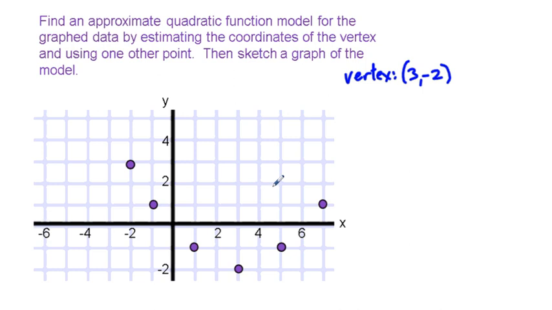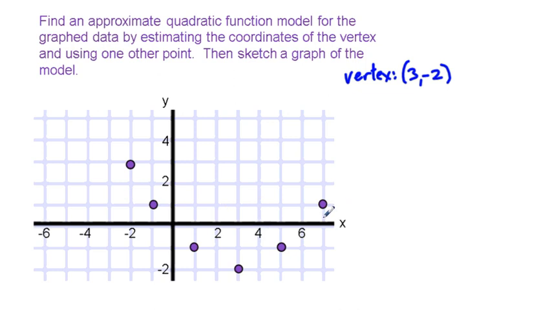And then one other point. Well, we have a lot of other possibilities. And on this and one other type of problem where you're going to be looking at points, I'm going to be very liberal in terms of what I esteem to be a correct answer. If the function pretty well matches the points, that's going to be a correct answer.